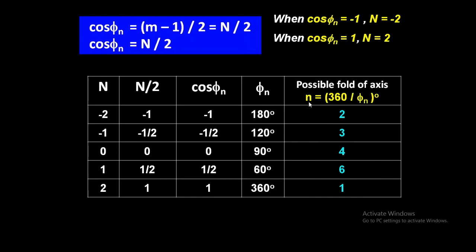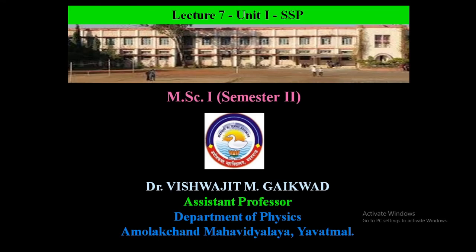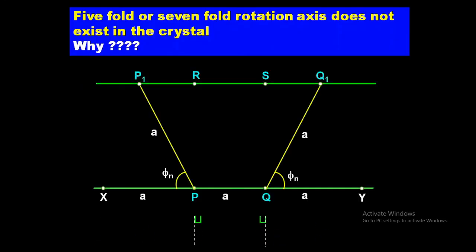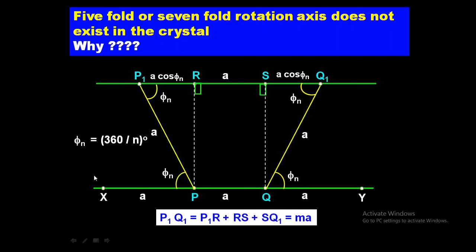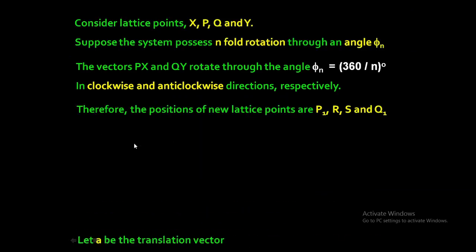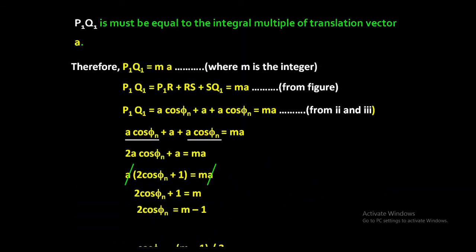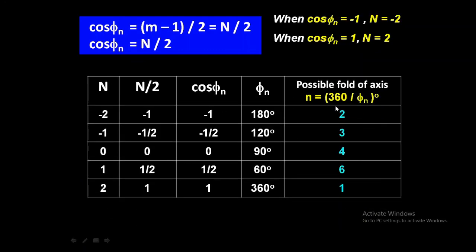This formula comes from the first slide: the rotation angle is 360 divided by n, so n is equal to 360 divided by phi n. When phi n is 180, 360 divided by 180 gives n is equal to 2, meaning two-fold rotation symmetry.